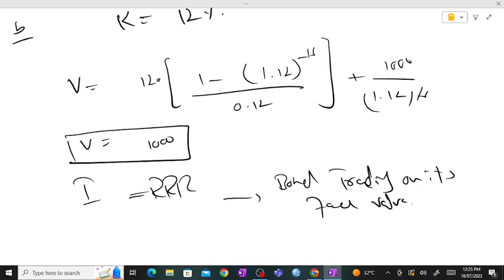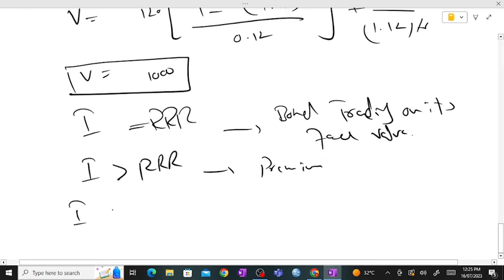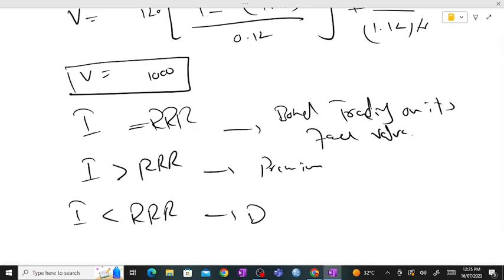However, if the coupon rate is higher than the required rate of return, then it would be a premium. And if I is lesser than the required rate of return, that means it's selling at a discount.